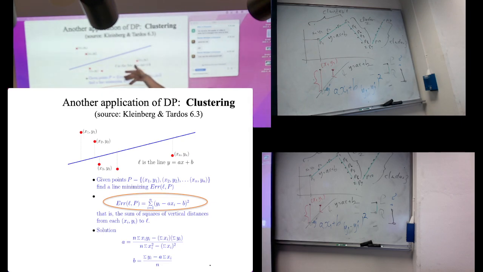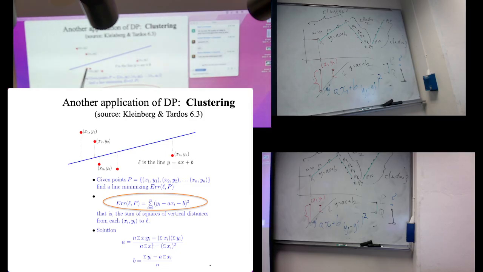Just remember, once I have this set of points, then it's easy and actually in linear time, I can compute a, what is the optimal line, and b, what is the error that this line gives with respect to this set of points. What is the error?